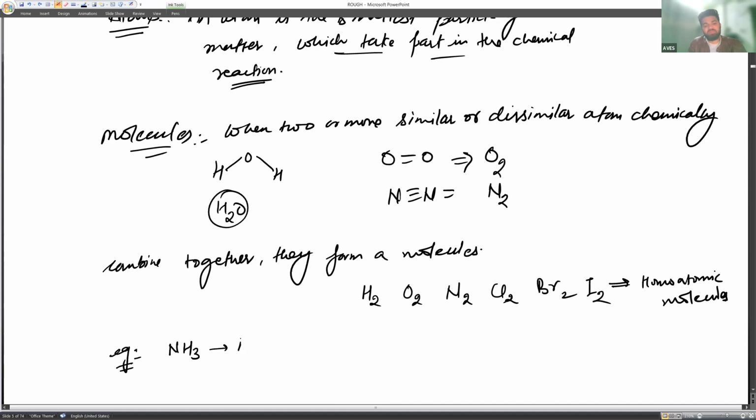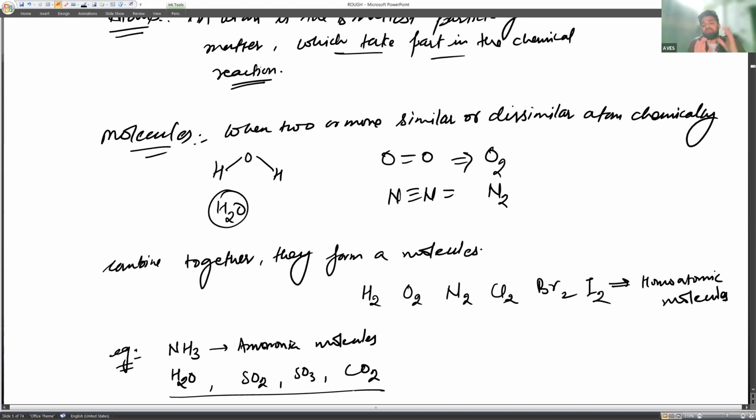Next, like the H2O molecule, sulfur dioxide, sulfur trioxide, and carbon dioxide. So these are all molecules. Here different atoms are combining together to form one molecule. Got it? Now you understood? Yes, sir.